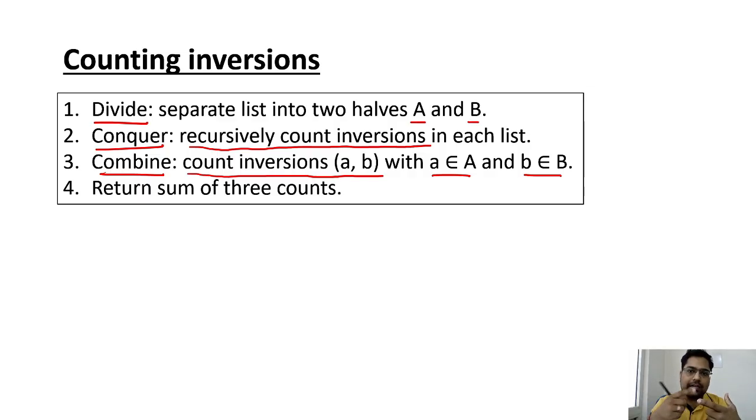We do it recursively and we will find the way for counting inversions. Now it returns three counts, the combination of divide, conquer, and combine. If you add these three, the total gives the counting inversions. Now check a small example.